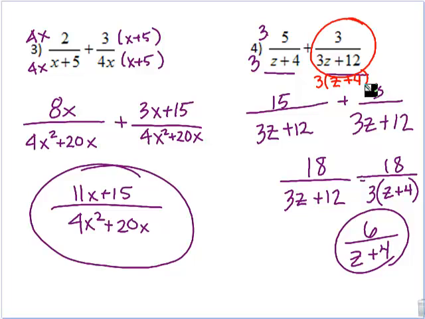And then we could have simplified our 3's down, so changed it to 1 over z plus 4. Then 5 over z plus 4 and 1 over z plus 4 have the same denominator, and we would have gotten to the simplified answer. It doesn't matter which route you go, you're going to get the same ending answer. Is that okay?